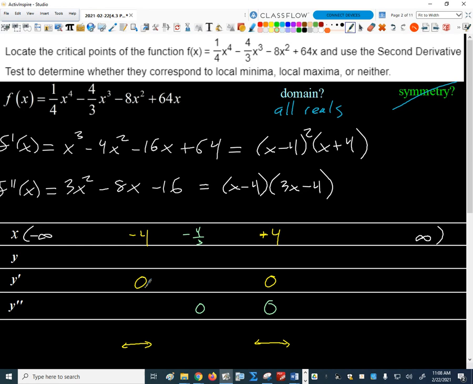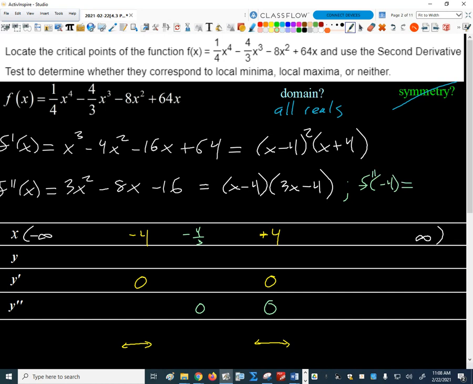Let's start with this critical number, and let's apply the second derivative test. So to apply the second derivative test, we need to know what's the sign of the second derivative at -4.